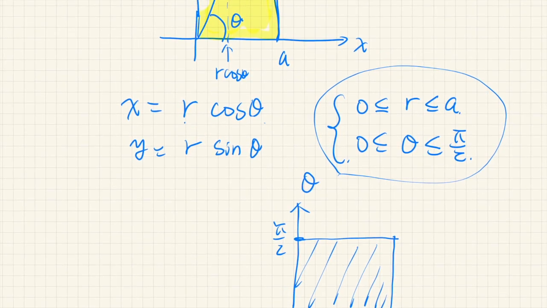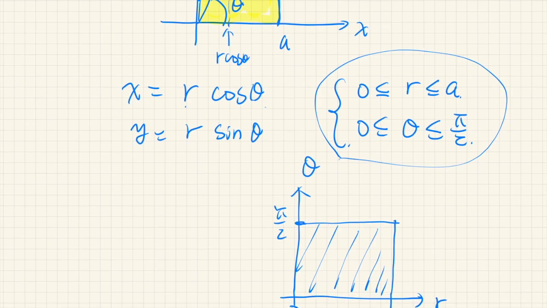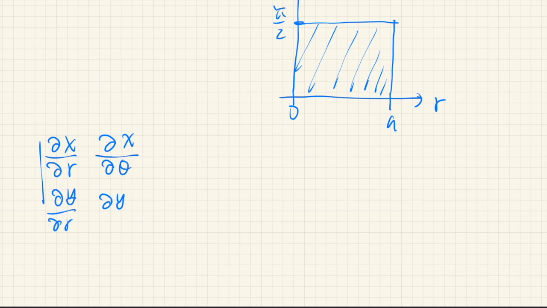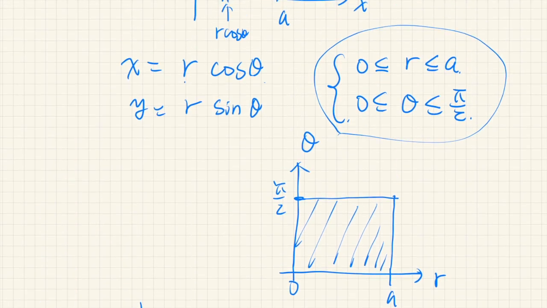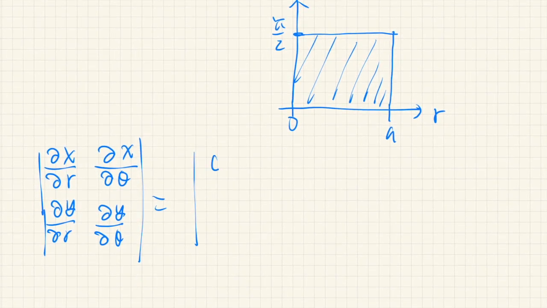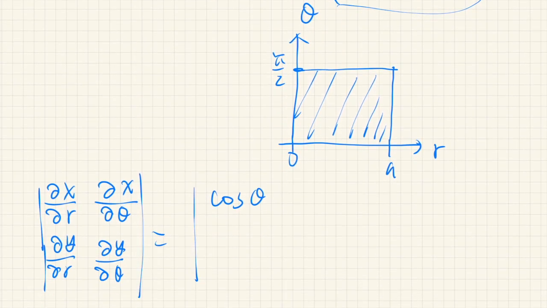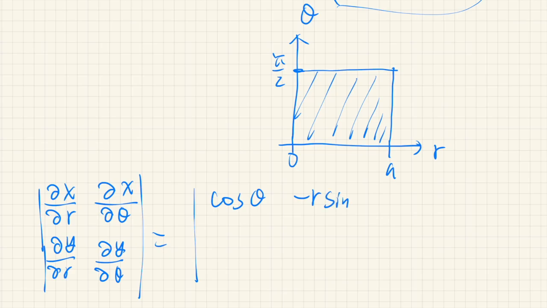Next, we need to find the Jacobian determinant of this change of variables. So the Jacobian, let's see, let's have this: dx/dr, dx/d theta, dy/dr, dy/d theta. If we differentiate this with respect to r, we have cosine theta. And if we differentiate this with respect to theta, we have negative r sine theta.